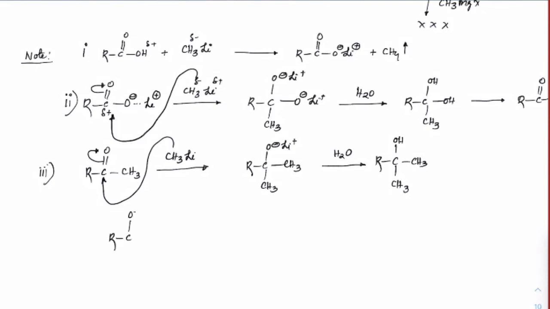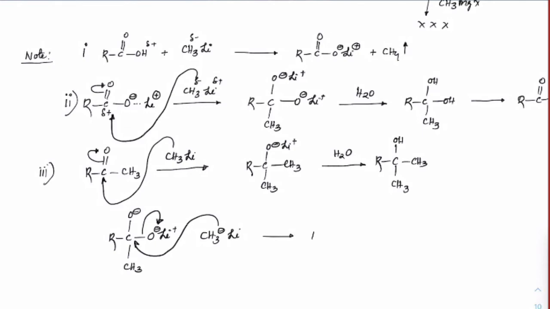RCO minus O minus with CH3 formation here, correct? Here itself we can have CH3 minus Li plus, which is forming here, correct? So this CH3Li can attack here itself and this group can leave with lithium.